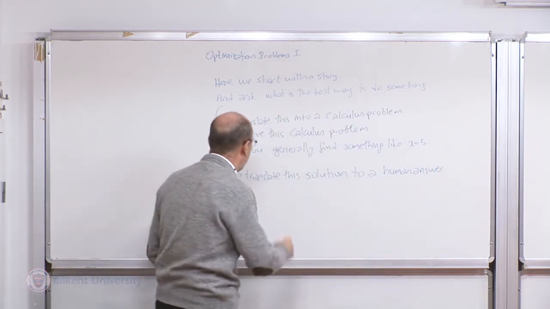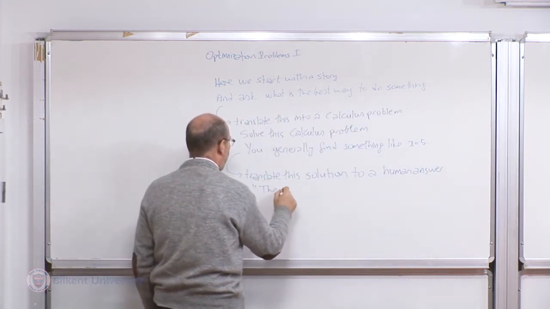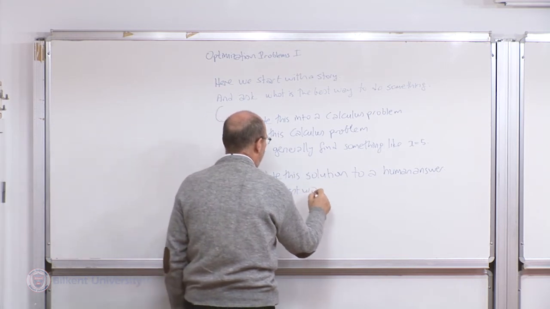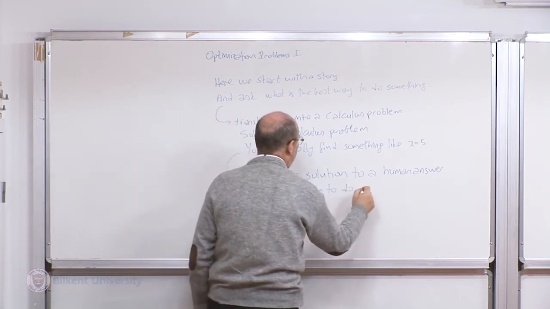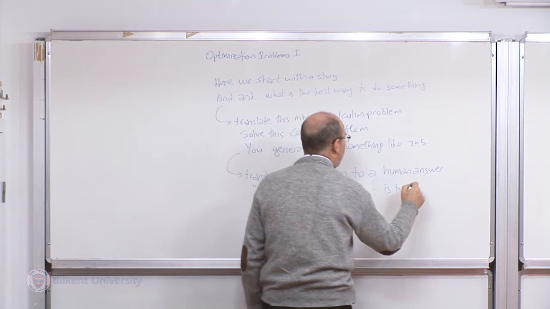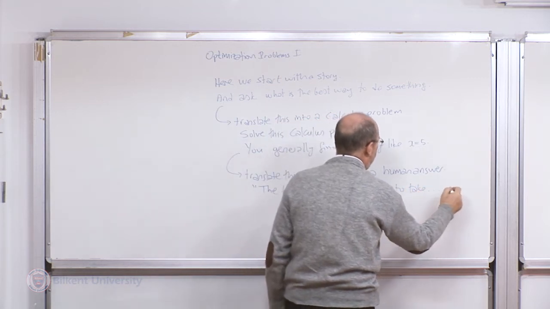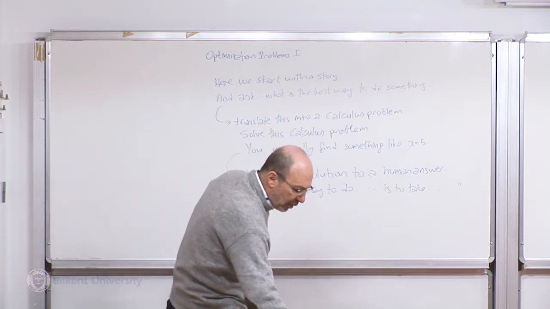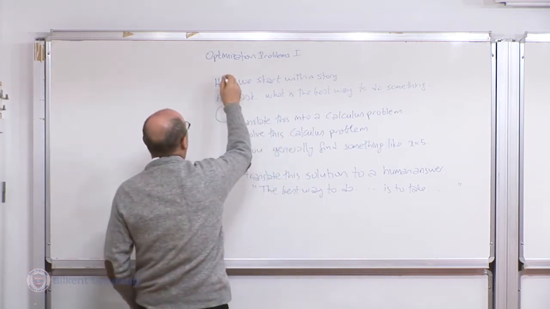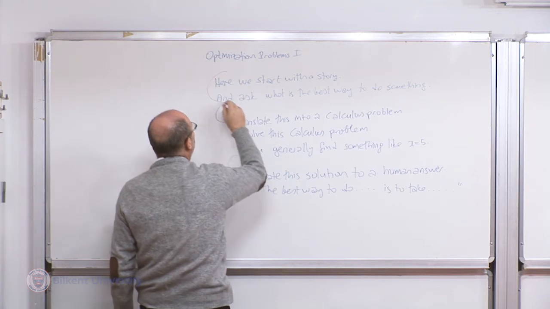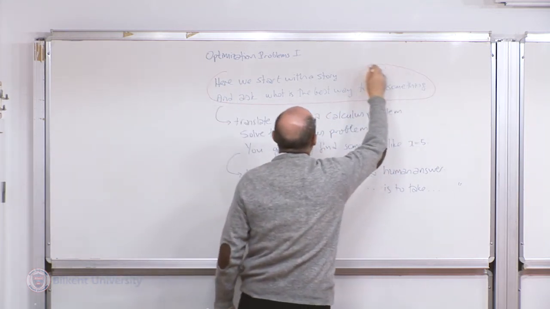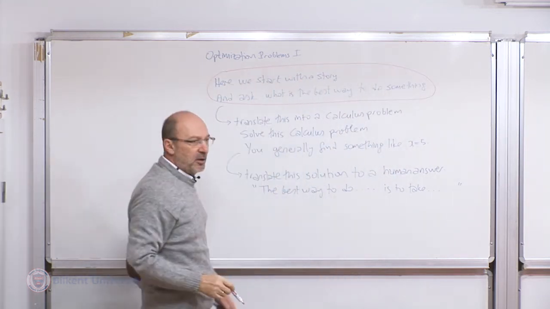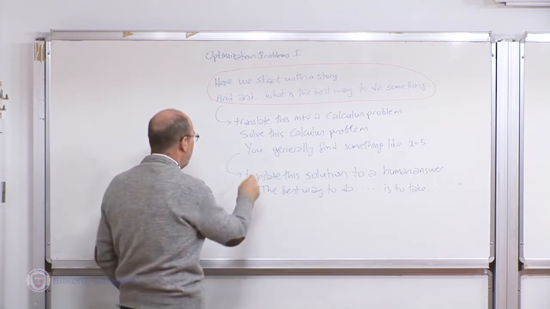Okay, so here you write the best way to do something is to take, etc., etc. Okay? So what we are interested in, or what everybody is interested in, is this part. Here is our story. What's the best way to do it? And here is the answer.